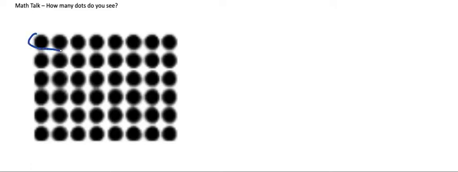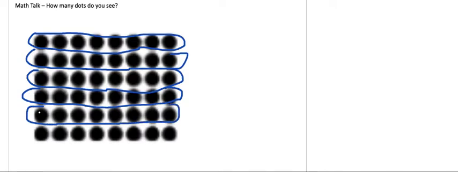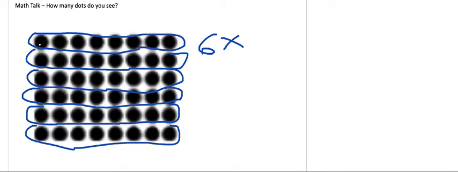There's one row, there are two rows, three rows, four rows, five rows, and six rows. So there's six rows. So that could be my first factor in a multiplication equation, 6.